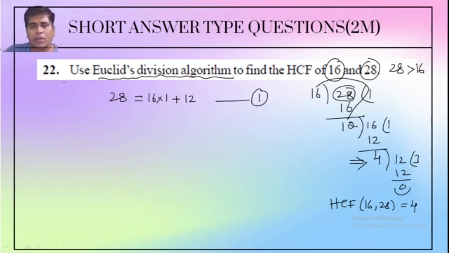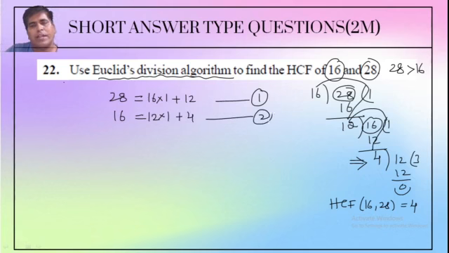Dividend is equal to divisor into quotient plus remainder. Again we can continue it. So again, dividend 16 is equal to 12 into 1 plus 4. So this is my second equation.